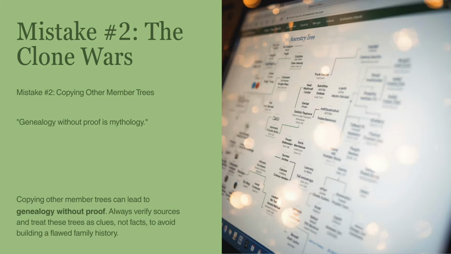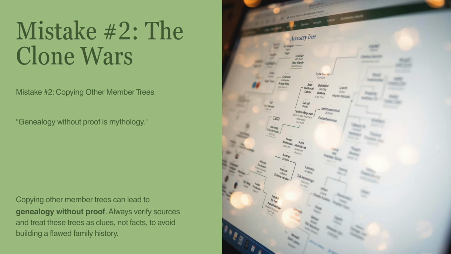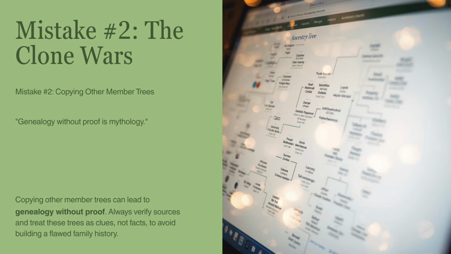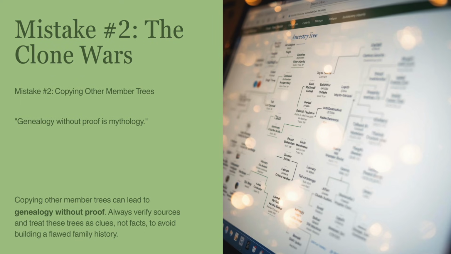Mistake number 2 is the single most dangerous action you can take on Ancestry, copying data from public member trees. Oh boy, this is so tempting, but so bad. You know, when you research for an ancestor, Ancestry often shows you other users' trees as a top result.